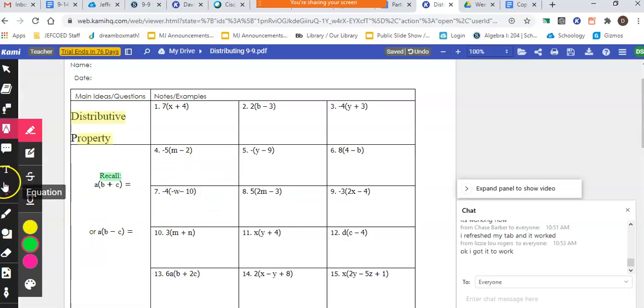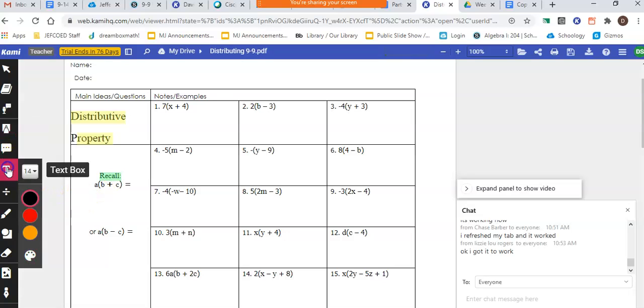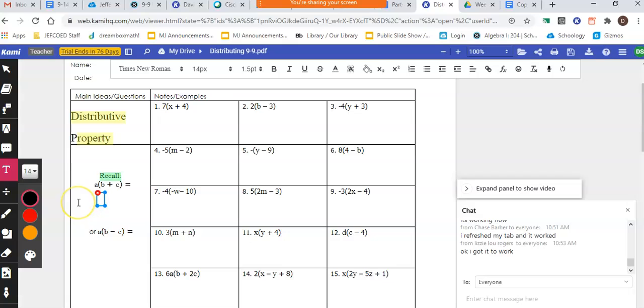that parentheses, okay? All right, so here, if you're looking under the recall section, you have A parentheses, B plus C, close parentheses. So all we're going to do is take the A and multiply it times the B and also times the C. So if you're watching my screen, guys, I'm going to insert a text box right here, below that.